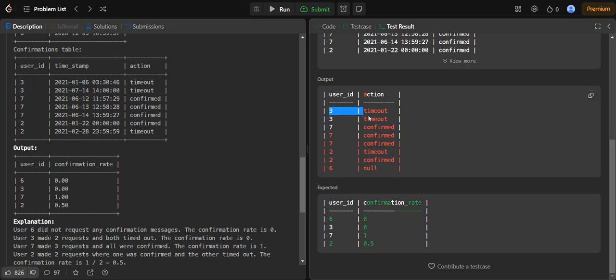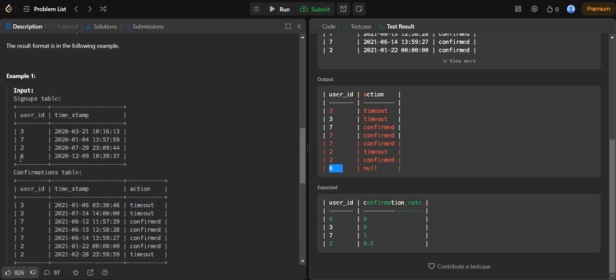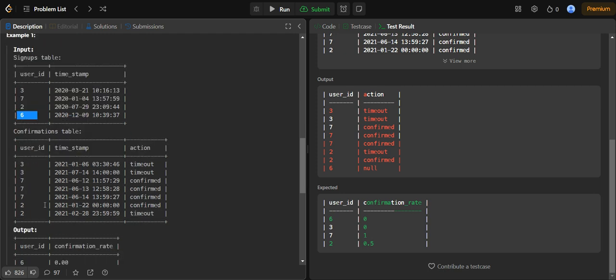So in my table also, user ID 3 is 2 times. 7 is 3 times, 2 is 2 times here. But 6 is not in the confirmation table, but in the sign up table it was present. So since it could not get joined with anything from the confirmation table, it got a row by itself and it is null.